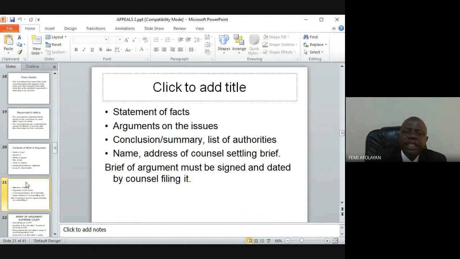It must also contain the name and address of counsel settling the brief. The brief of argument must be signed and dated by counsel filing it, as said earlier.